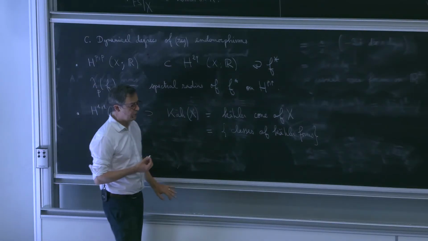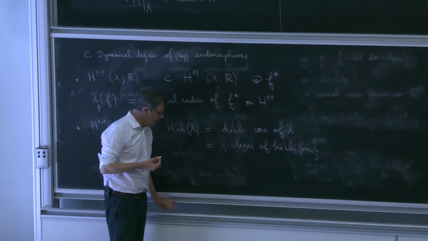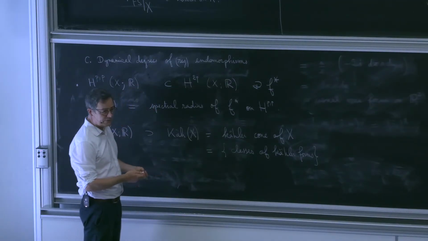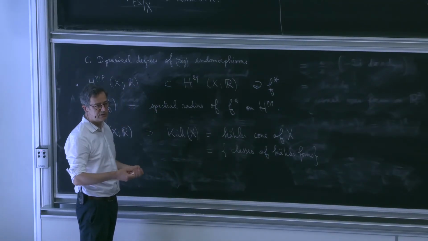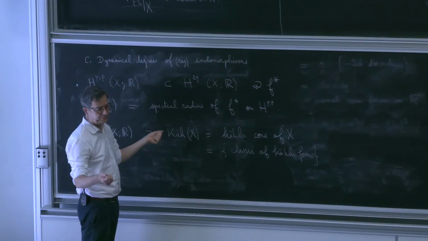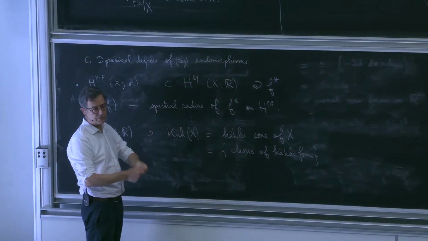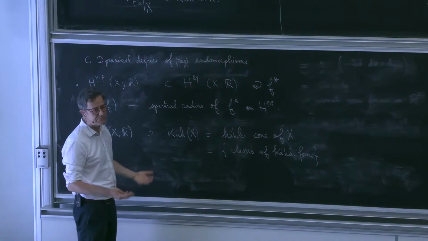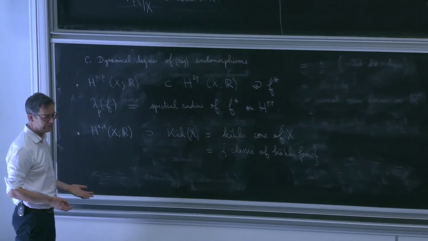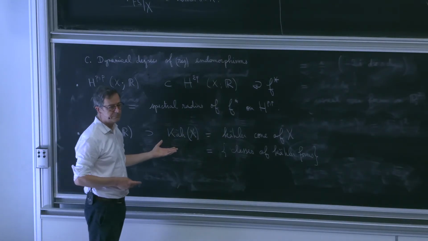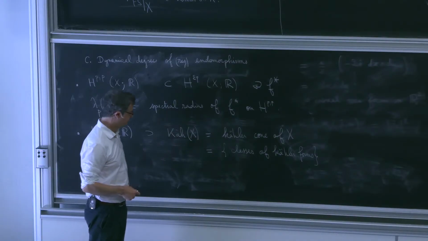So it's obviously a convex cone, because if I take a Kähler form and multiply by some positive number, I get a Kähler form. If I take the sum of two Kähler forms, I get a Kähler form. Being closed and being positive is invariant under these operations. So this is a convex cone.